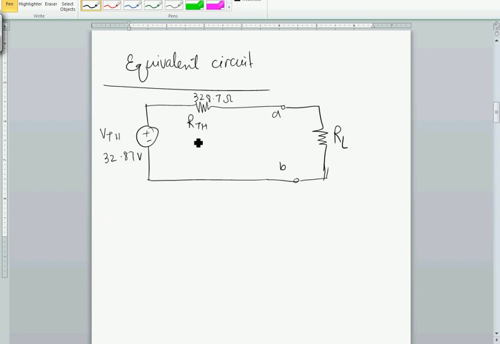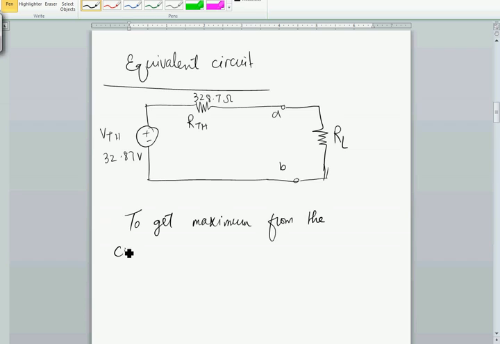So in this case, the Thevenin resistance should be the same as the load resistance, in order for the load resistance to get the maximum power. So to get the maximum power from the original circuit, RL should be equal to R Thevenin.